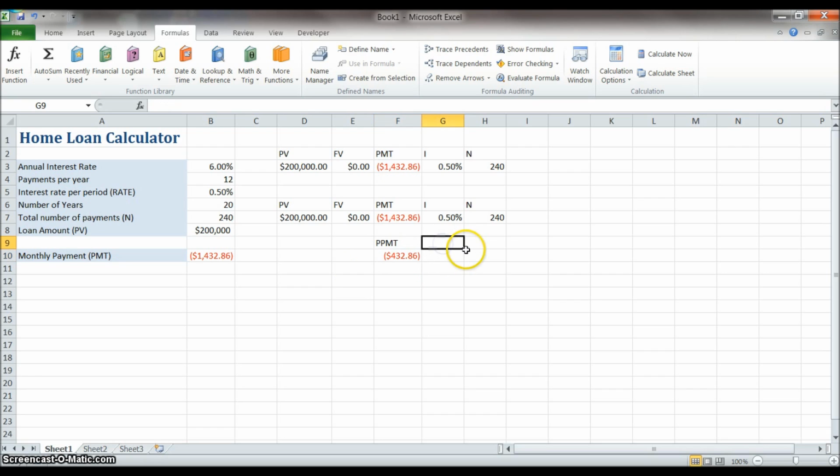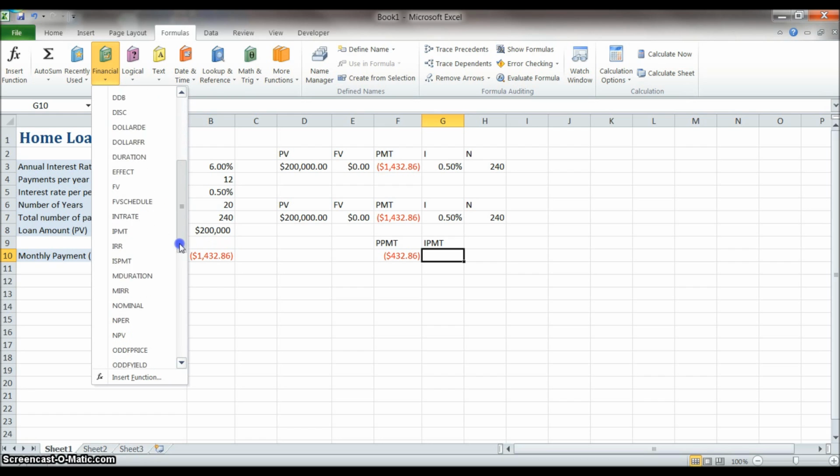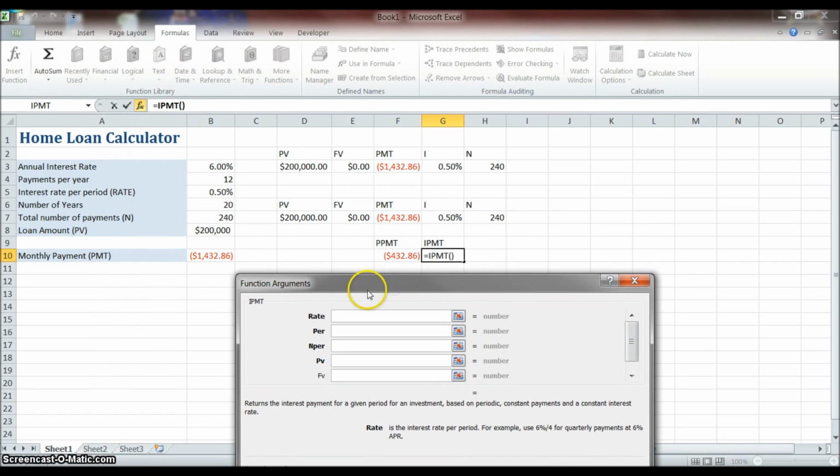Now, on the other side of that is another type of payment function called IPMT. And this one should show us how much of that same payment is going towards interest. So in a perfect world, and assuming that I did my math right here, these two should sum up to the original payment. So we're going to put in our values here, and I'm going to use the same period, the first period, of 240.